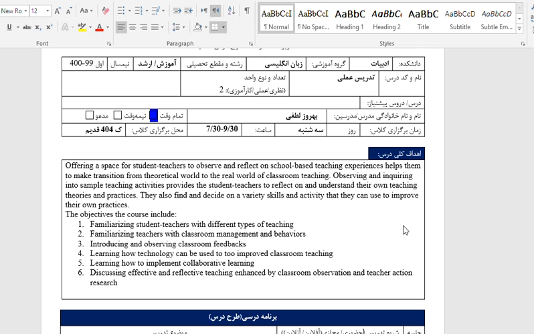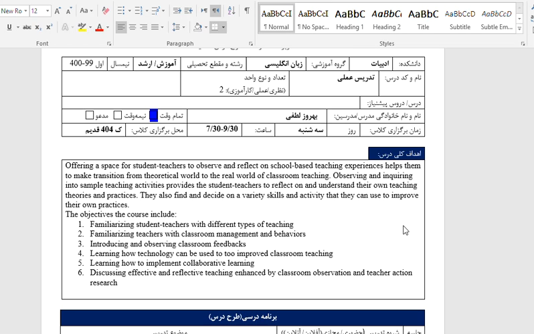Not only do you try to observe and see what happens in a real classroom, but you reflect on your own classes, your own ways of teaching, your own practices, your own trends, and also your own understanding of these actual teaching classes.